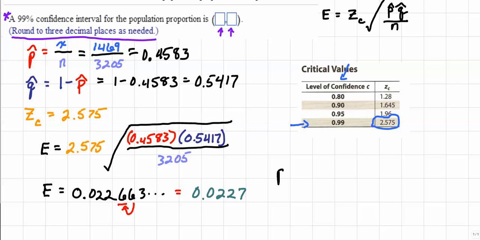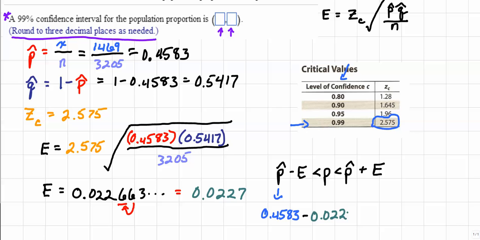Remember that the confidence interval is given as p hat minus E less than P less than p hat plus E. We know that p hat is 0.4583, and we subtract from that the error value, 0.0227, and that will be less than P, which will be less than p hat, 0.4583, plus the error value, 0.0227.